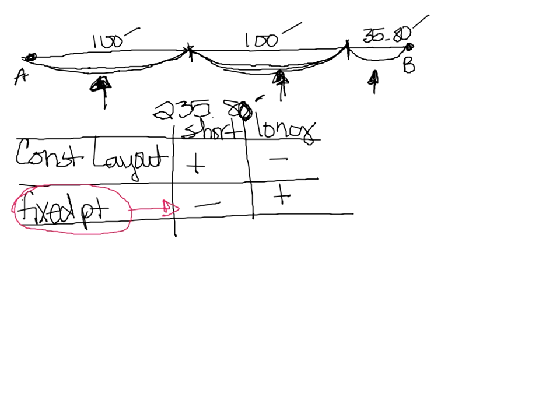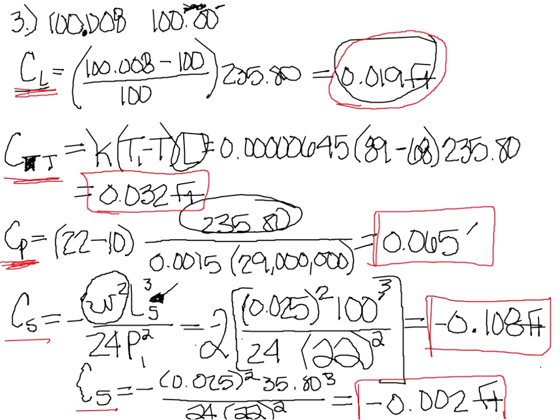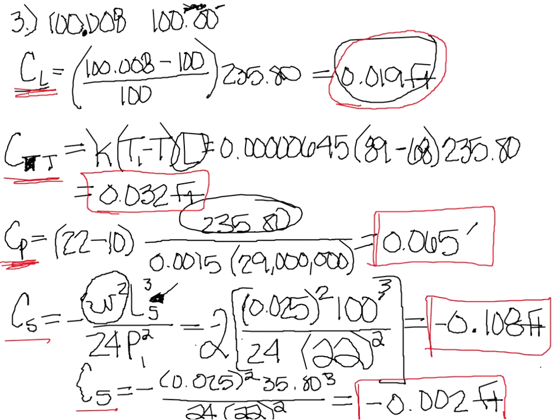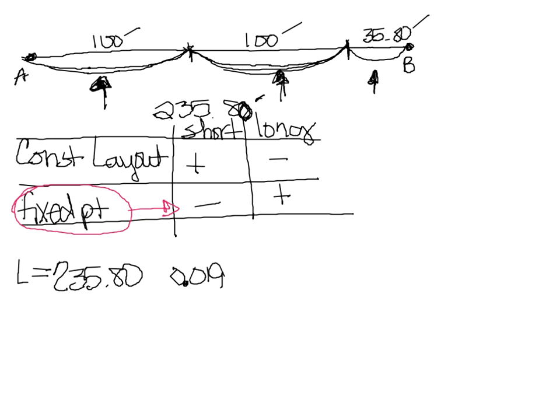So we started out with our length of 235.80 feet. Our correction for length is 0.019. Do we add or subtract this correction? For the case of length, is it a long tape or a short tape?